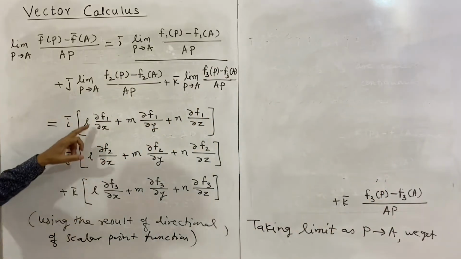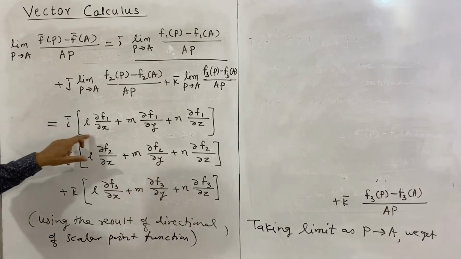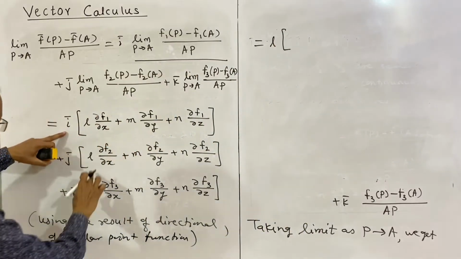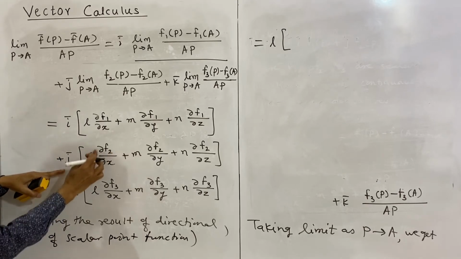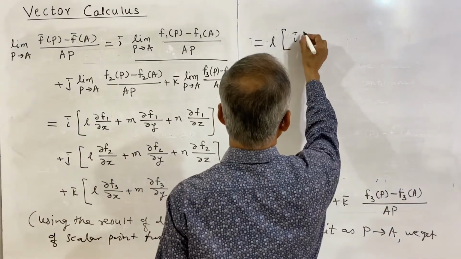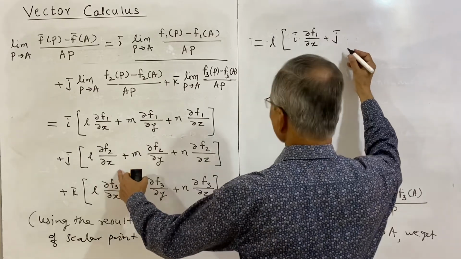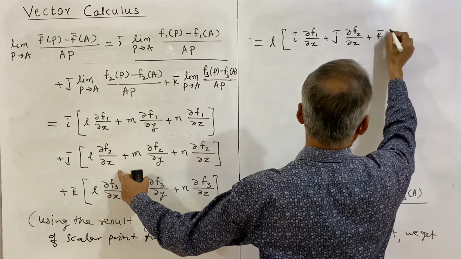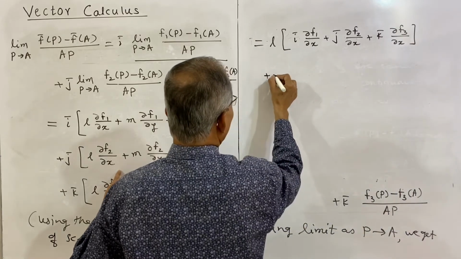You see this addition we shall do vertically. l is common, and the expression which remains in bracket is, if we take l common from these, i ∂f1/∂x plus j ∂f2/∂x plus k ∂f3/∂x will remain in bracket, plus m.